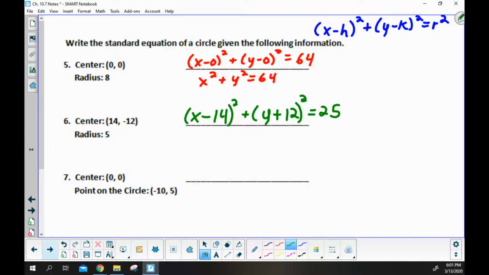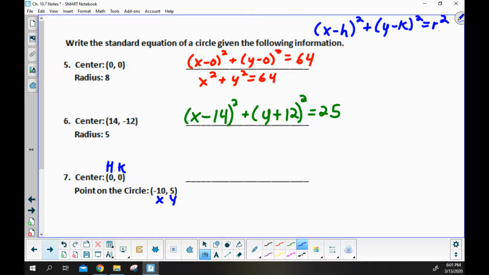I just need to do the first half of my circle formula using the center as h and k, and my point on the circle as x and y. So if you think about it, center is (h, k), and my point on the circle is (x, y), and I can use that to solve for r squared because that's what I need for my formula. And then if I really want the radius, I can take the square root of that number when I get to it.